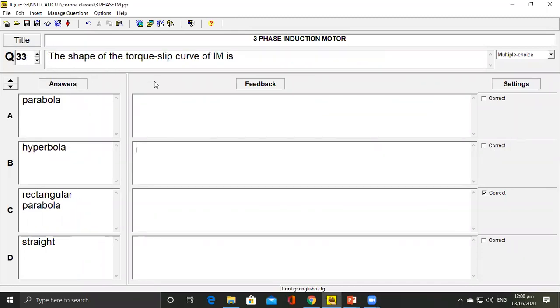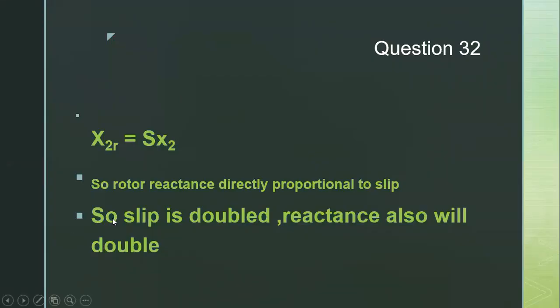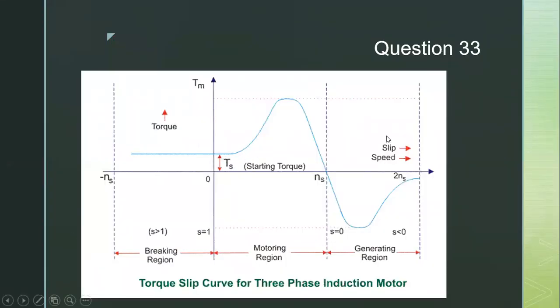The next question: the shape of the torque slip curve is parabola, hyperbola, rectangular parabola, or straight line. What are the torque slip characteristics? On the x-axis you can see the slip and on the y-axis the torque. This will be the graph. When Ns and N are equal, the slip is zero and the torque will be zero.